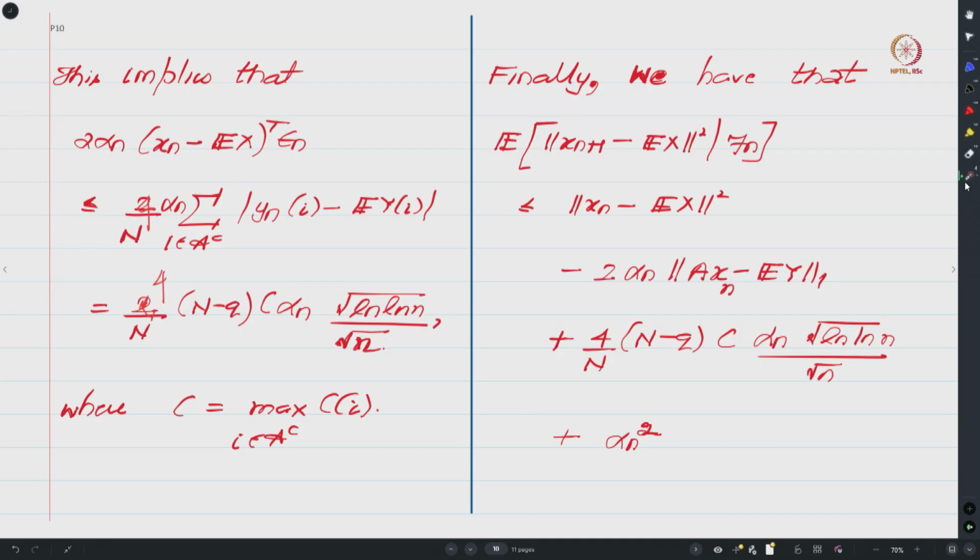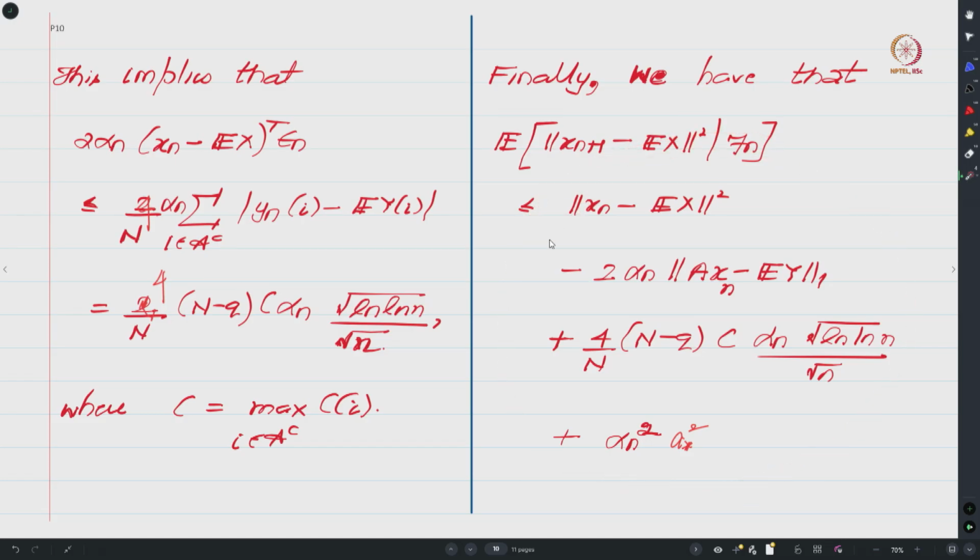Because of this 4 over n, n minus q c alpha, I have written that expression over here, and then we had this a star square times alpha n square. Is this okay?